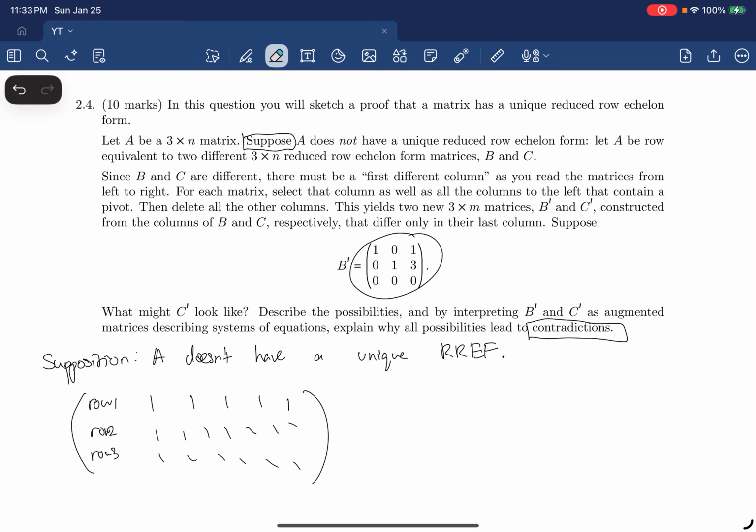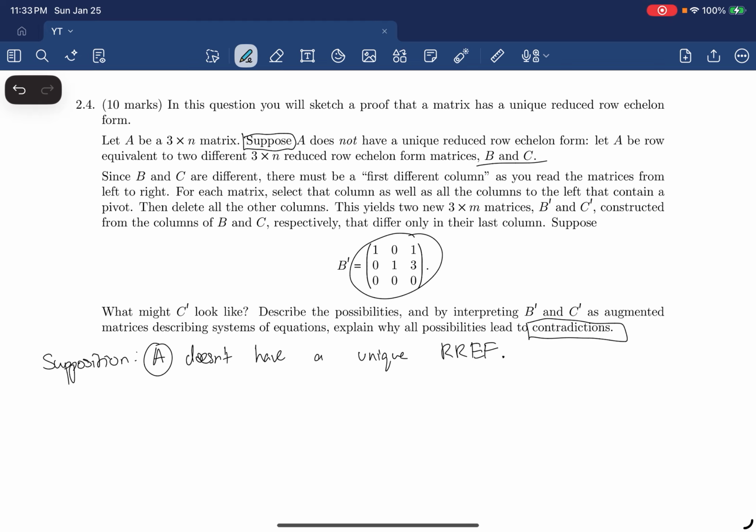And you want it to be row equivalent to two different 3 by n reduced row echelon form matrices B and C. This means that they have A, which is a 3 by n matrix, and then they have B and C, which are also 3 by n RREF matrices. The thing is that B and C are of different forms, and they clearly say that over here: B and C are different.